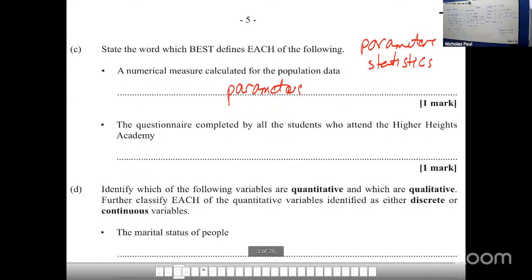Next one. The questionnaire completed by all the students who attended the Higher Heights Academy. Survey? No, not sample survey. That will be the census. Spell that right?